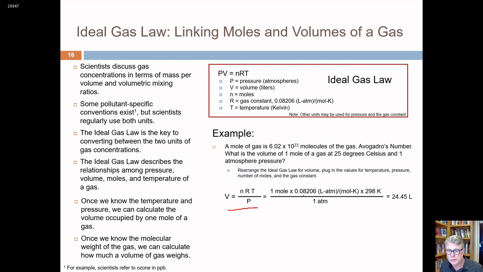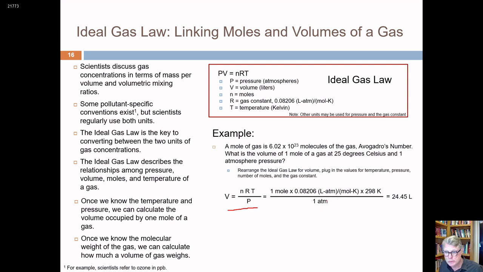Bingo. Let's put in R, the gas constant that was given to us up here, 0.08206, very complicated units, liter atmosphere per mole Kelvin. And we need the temperature, which would be 298 Kelvin. That's because Kelvin degrees is 273 plus Celsius degrees. And then we need one more input, which is the pressure, 1 atmosphere.